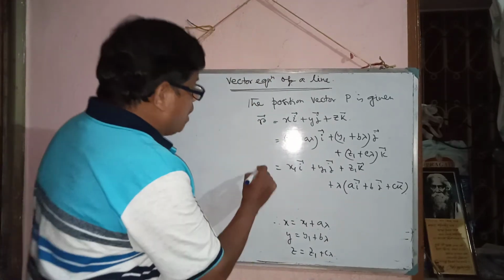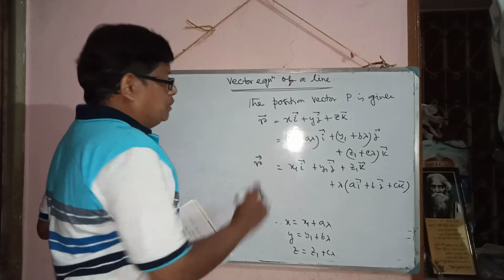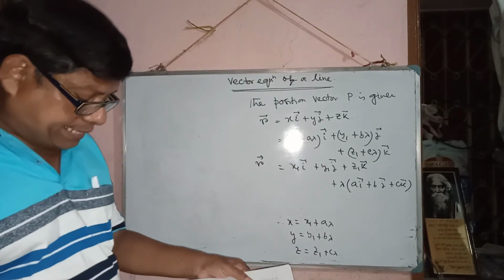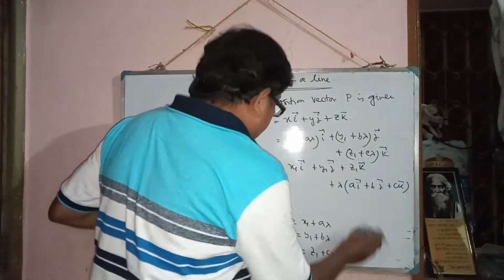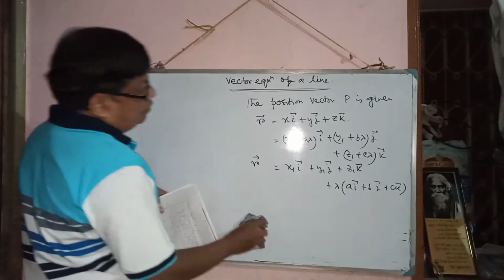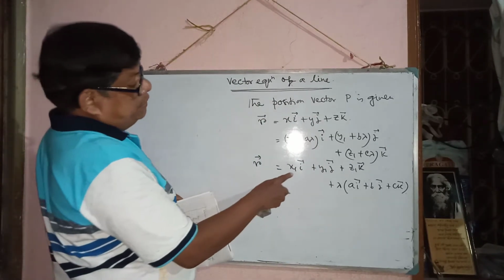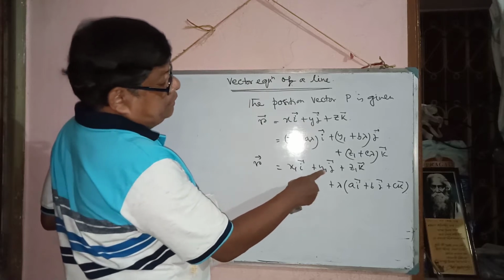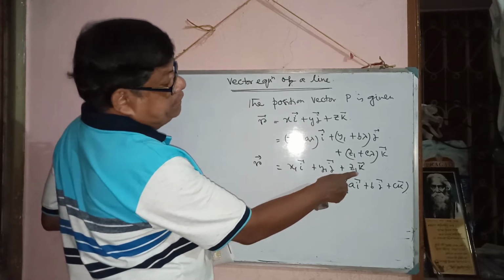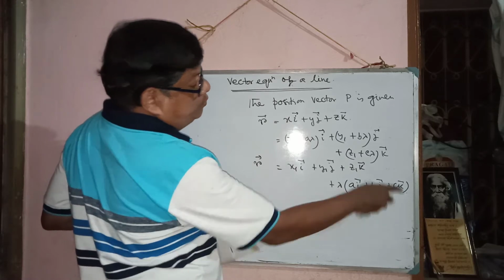So the vector equation is r equal to x1 i cap plus y1 j cap plus z1 k cap, plus lambda times this part.